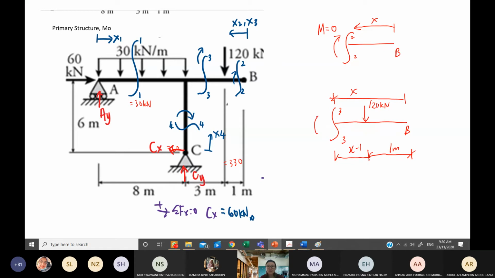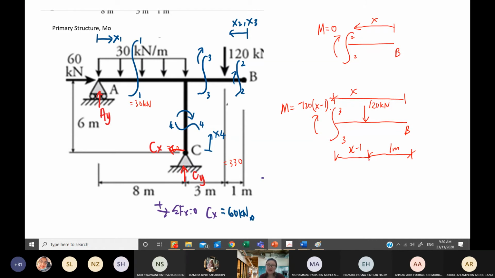So what is the moment? Can you help? It will be 120 times X minus 1. Okay, so I hope you have gotten these moments for 1-1, 2-2, 3-3. Can you follow, class? Yes.